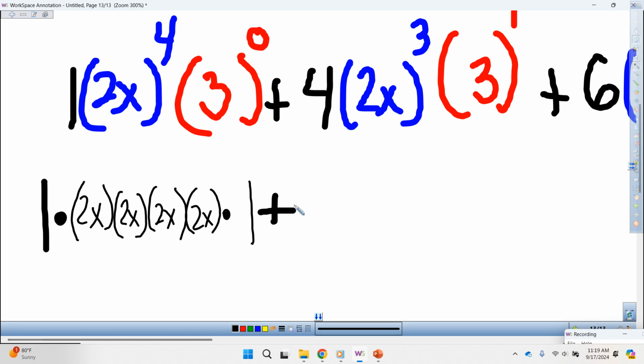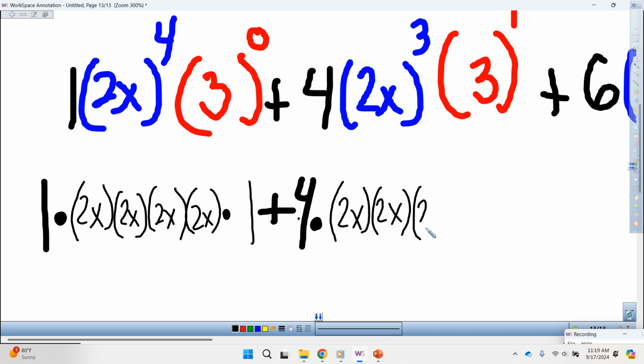Do the next one. 4 times, and what does this say? 2x to the 3rd power. That means what? 2x times 2x times 2x. Times.